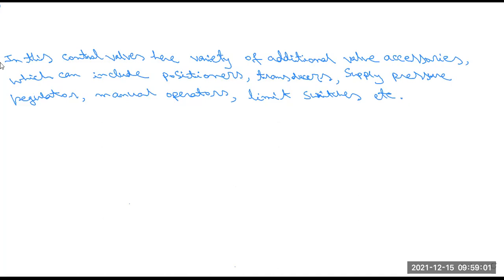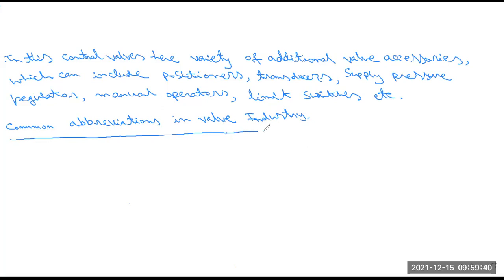Okay, so next is common abbreviations, and it is very important for you, because when you work in different types of industries, there are lots of short terms you have to follow in different types of apparatus or instruments. So using these abbreviations you have to imagine the logic for particular instruments also. So these are common abbreviations in valve industries.